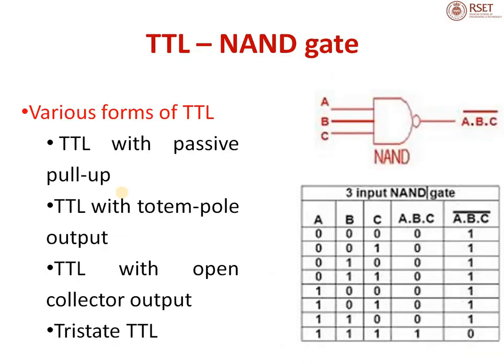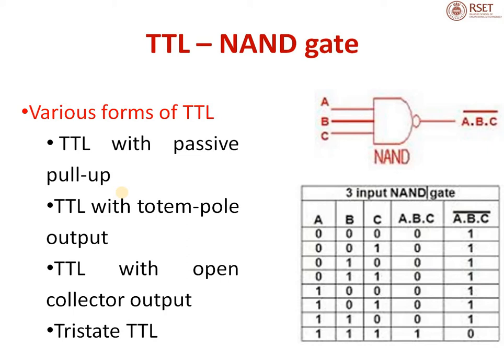Next we will see the working of TTL as a NAND gate. It includes various forms: TTL with passive pull-up, TTL with totem pole output, TTL with open collector output, and tri-state TTL.